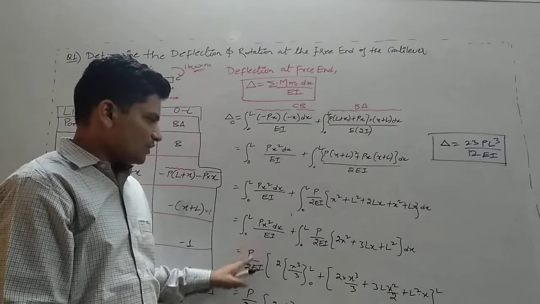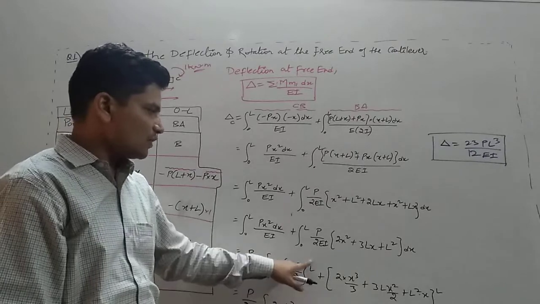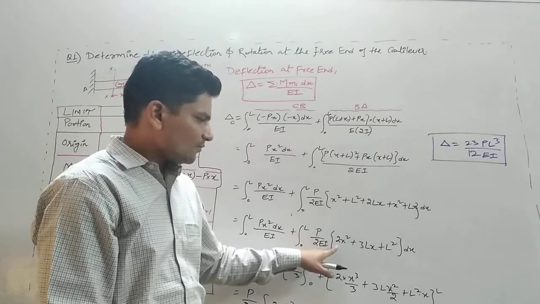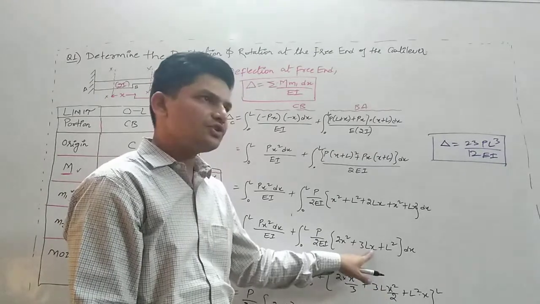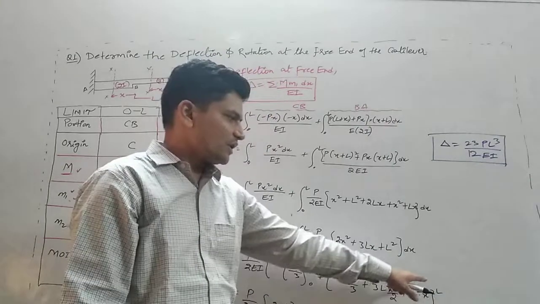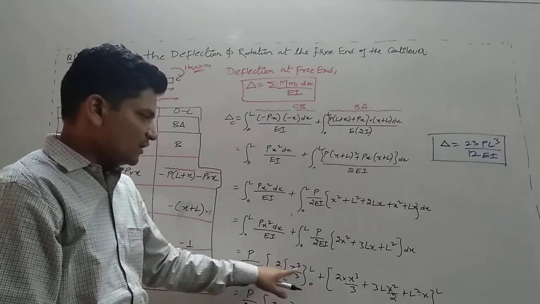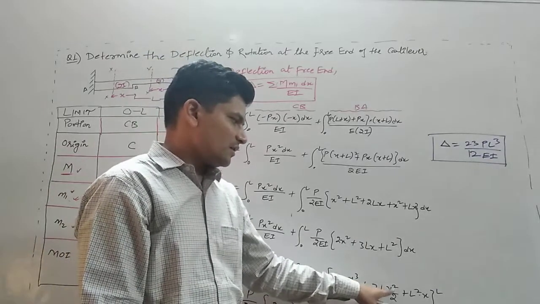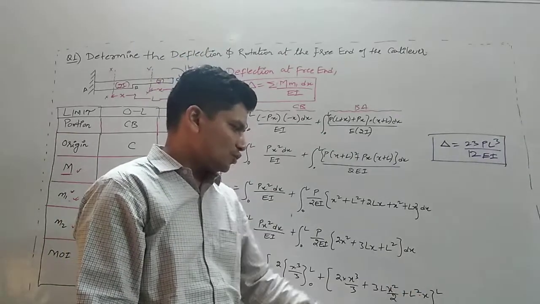Now just integrate the terms. Taking P upon 2EI as common, the integral of 2x square is 2x cube by 3, plus 3L x square by 2, plus L square x, from 0 to L. By putting the upper and lower limits, we get P upon 2EI times 2L cube upon 3 plus 2L cube upon 3 plus 3L cube upon 2 plus L cube.